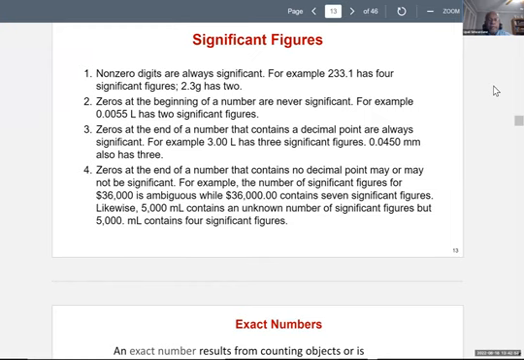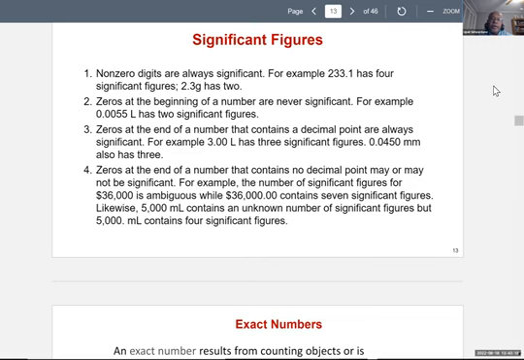Okay, if you take 5.00 milliliters, only 5,000 milliliters. That's a comma after 5.